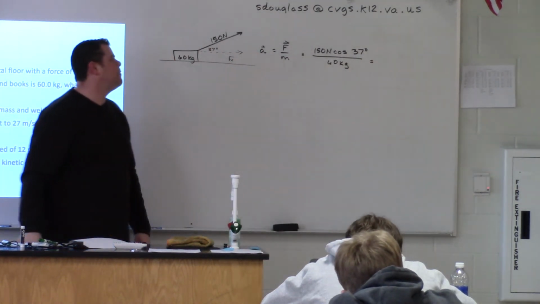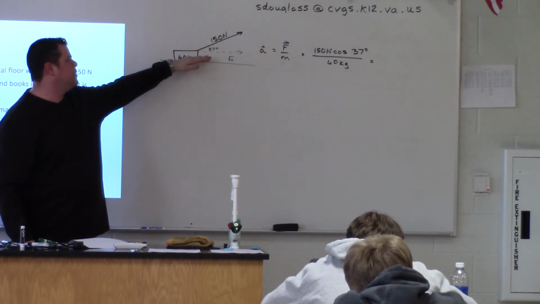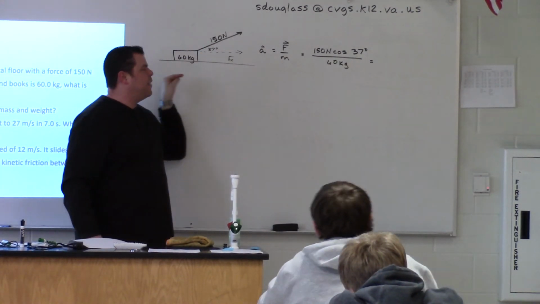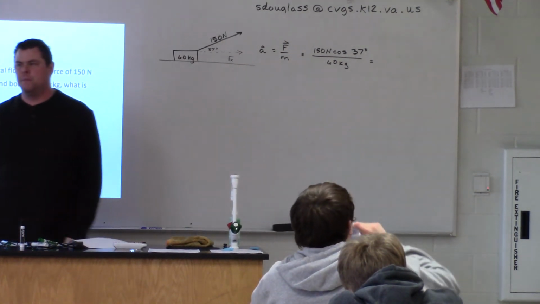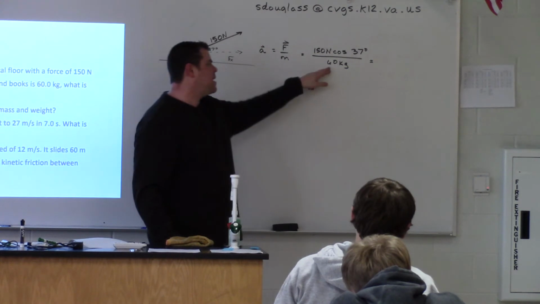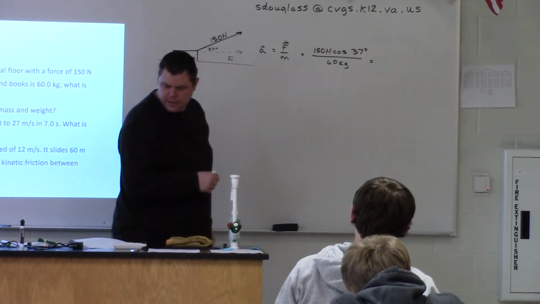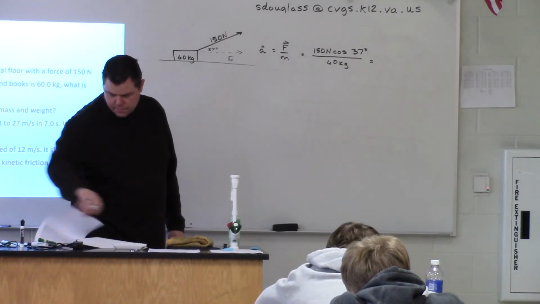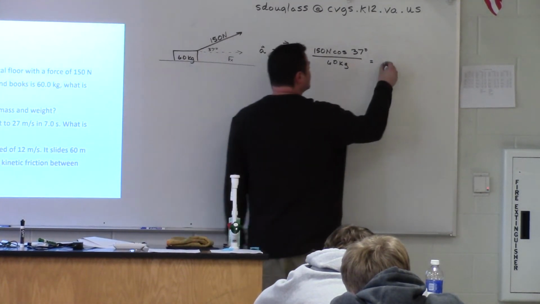So tomorrow, when you have a force of 150 newtons at 37 degrees, you can take that force times cosine of 37 to find the force acting horizontally, since that's the direction of the acceleration. Divide by the mass, and you get an acceleration of about 2 meters per second squared.